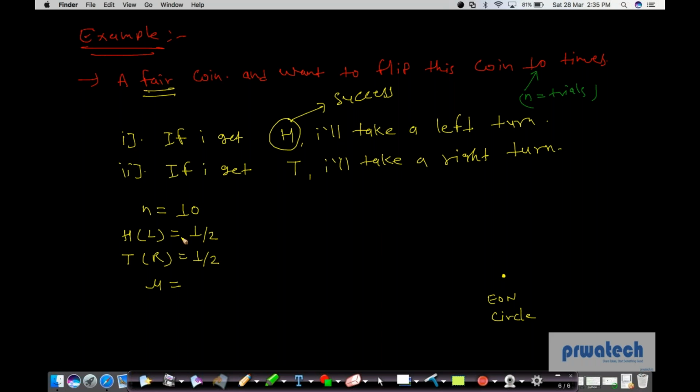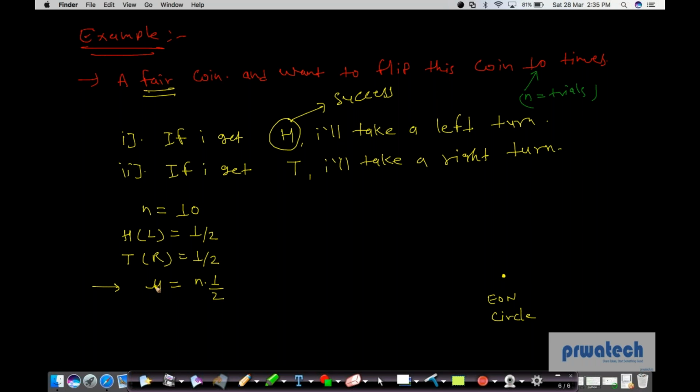So mean is total trial n into anything. If I get head or if I get tail, I'll get only 1 by 2. So n into 1 by 2, or I can say n into probability. The normal distribution mean has this formula, and you are going to see many different means with different distributions, and all have different formulas.